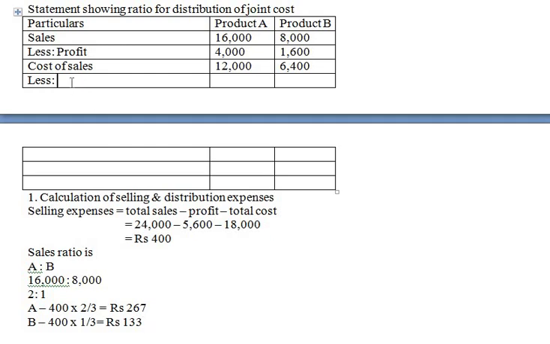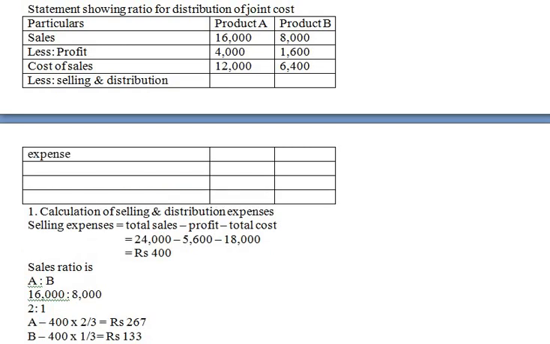So here you can write selling and distribution expenses. The amount is 267 and 133.